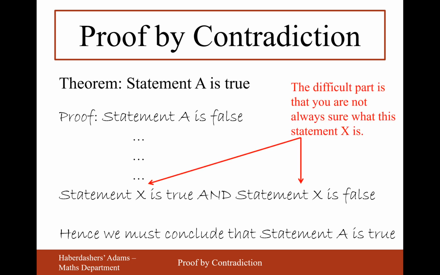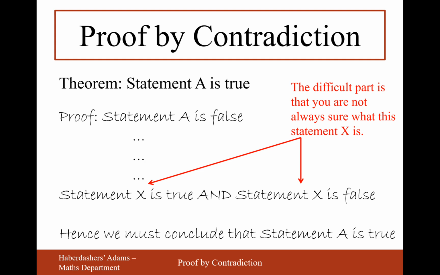Now, the difficult part is you're not always sure what this statement X is before you get started in the question. And this is what's quite intriguing about proof by contradiction to me: when you start a question, you're not too sure what alley you're going to go down. But the more practice you get, the more familiar you get with types of questions, and the better you'll become at doing this.